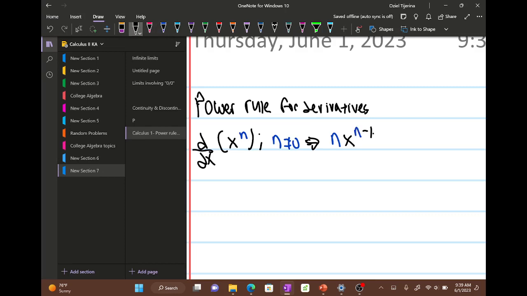So this is the power rule for derivatives, and what I want to do in this video is go over some examples on how to do this.